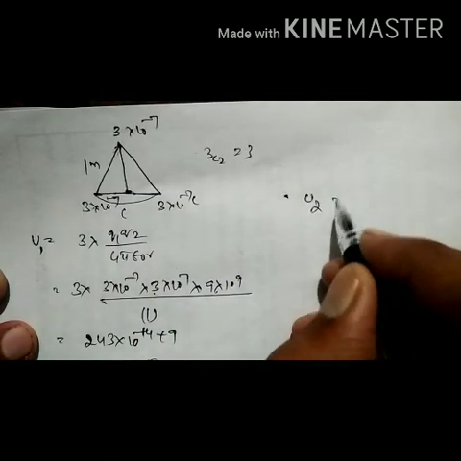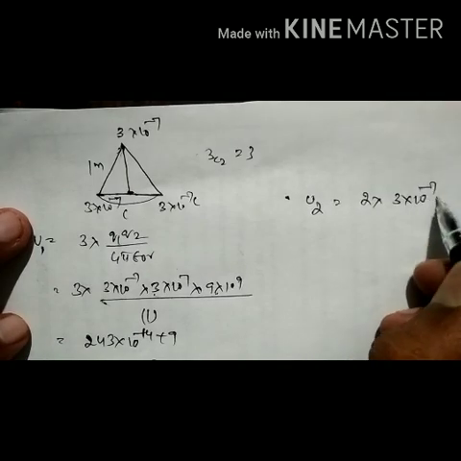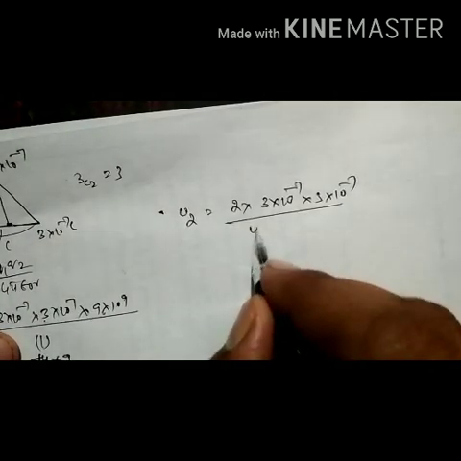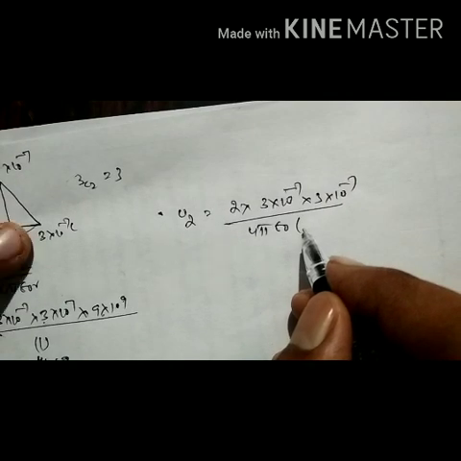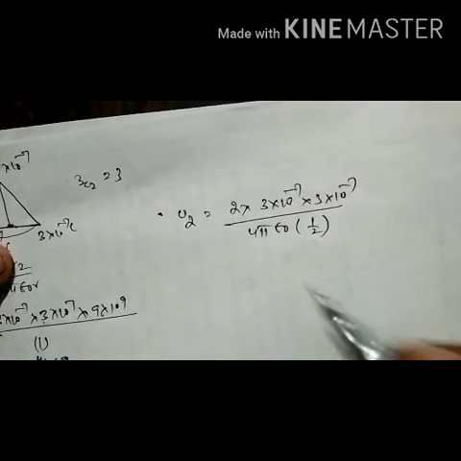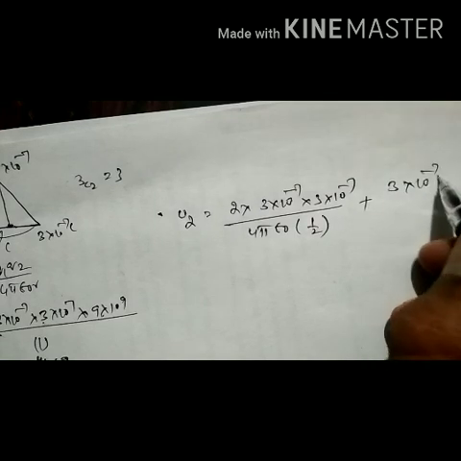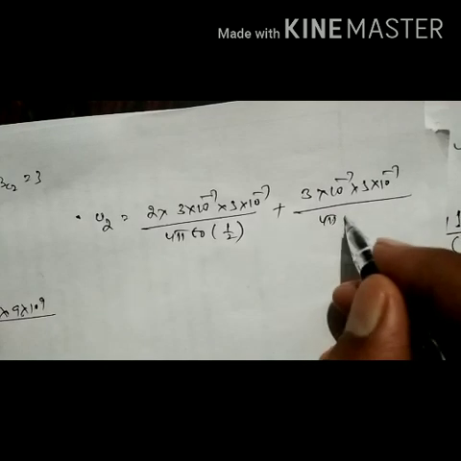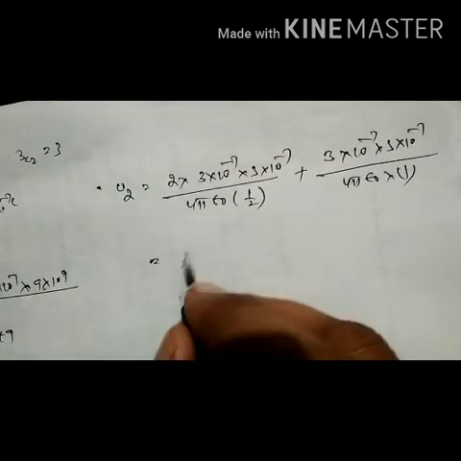So the second potential energy is 2 into 3 into 10 to the power of minus 7, 3 into 10 to the power of minus 7 divided by 4 pi epsilon naught, with the distance being exactly the midpoint, half a meter, since 1 meter is a side, plus 3 into 10 to the power of minus 7, 3 into 10 to the power of minus 7 by 4 pi epsilon naught, with 1 meter for the remaining pair.